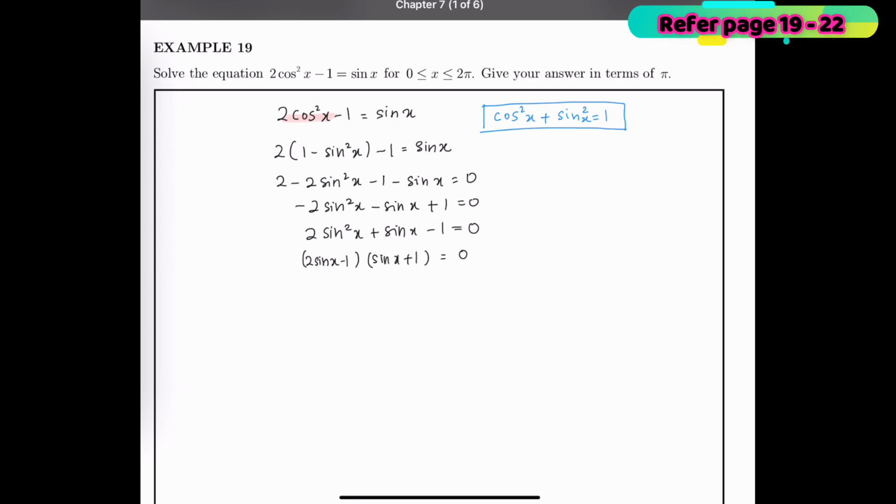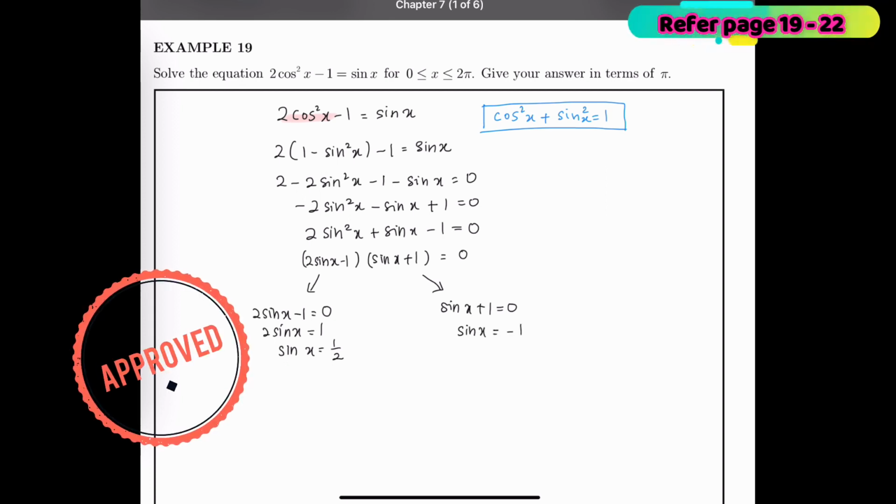From here, we'll get two different sets of answers. The first is 2 sine x minus 1 equals 0, so 2 sine x equals 1 and sine x equals 1 over 2. The other one is sine x plus 1 equals 0, therefore sine x equals negative 1.